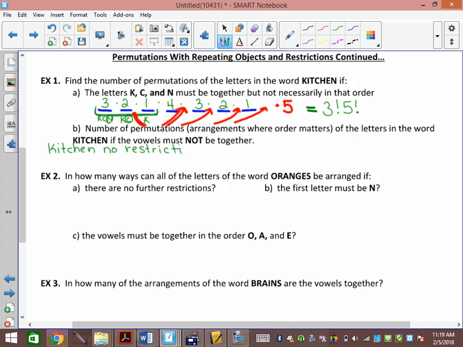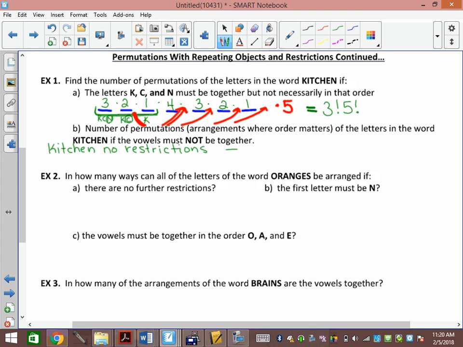And then we're going to minus off what? With restrictions, but what restrictions? Vowels together. Because if we take the total, no restrictions, and we subtract off all the words where the vowels are together, what's left over? Not together.